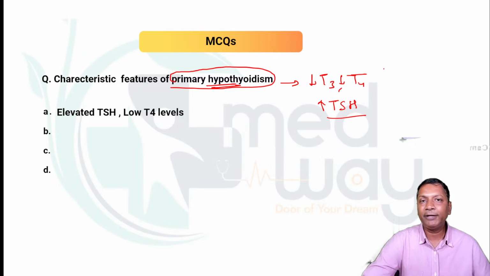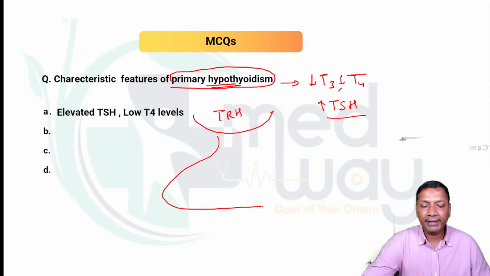But the T3, T4 are less, so the negative feedback effect of T3, T4 will be less. If you remember the feedback mechanism of T3, T4, the hypothalamus will produce the hormone TRH.